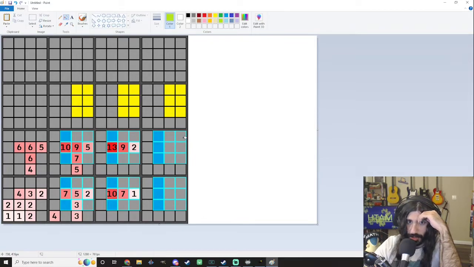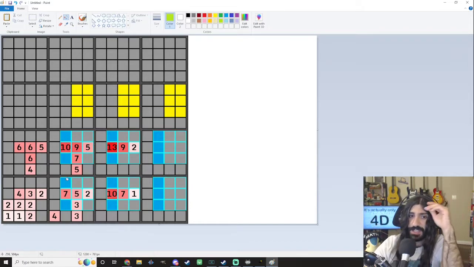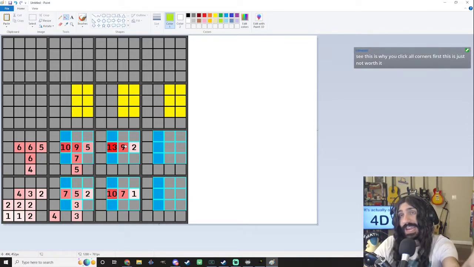And so between the highlighted gray cells in which there is 1 bomb, the highlighted yellow cells in which there's 1 bomb, and the highlighted blue cells in which there are 6 bombs, this 9 is adjacent to all of those. That accounts for 8 bombs total.